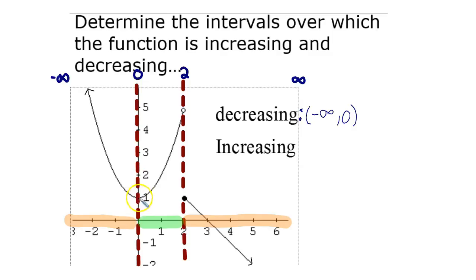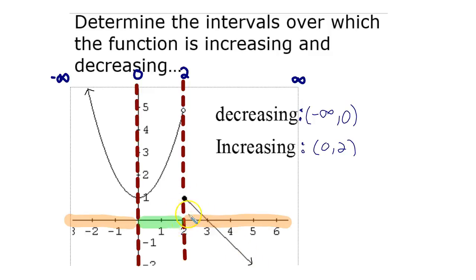It then begins to increase. It's going uphill. It changes direction here at 0, and it's increasing forever to 2. From 0 to 2, the function is going up. It's increasing from 0 to 2. And then at 2, you notice it picks up down here again, and it starts to decrease again, forever going down, forever decreasing.